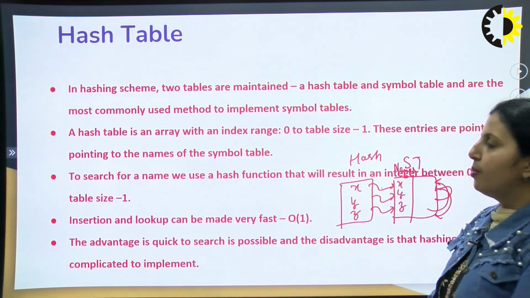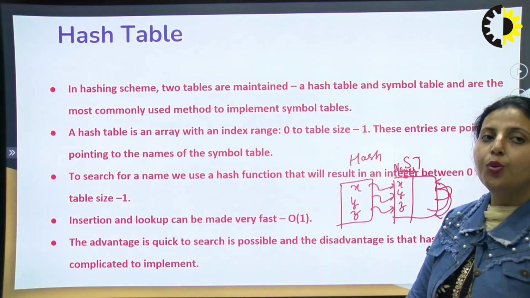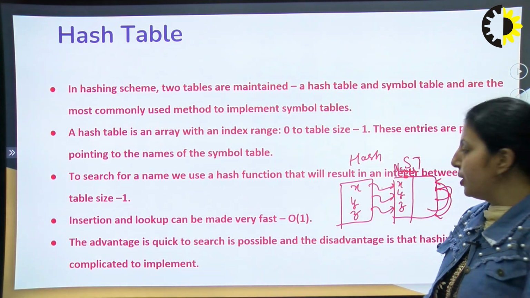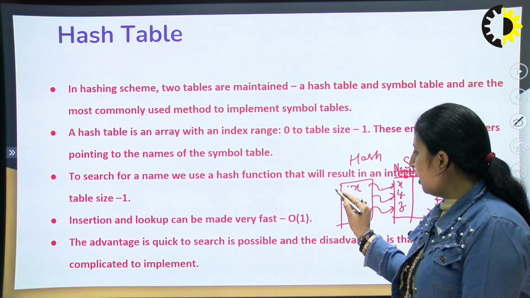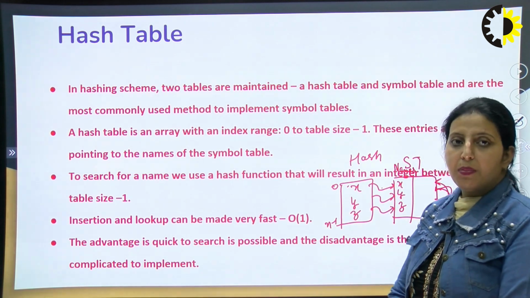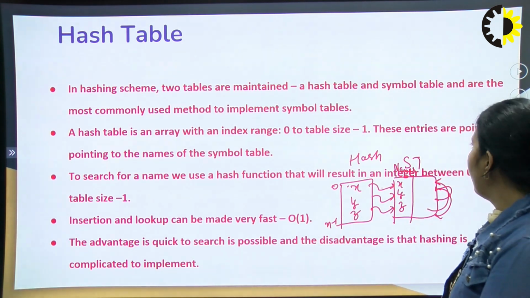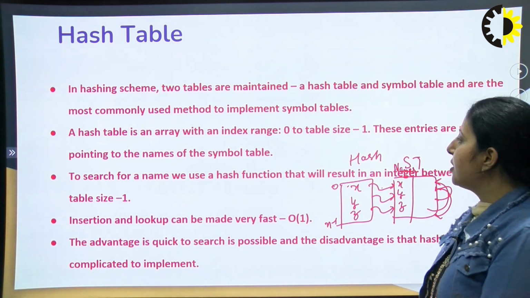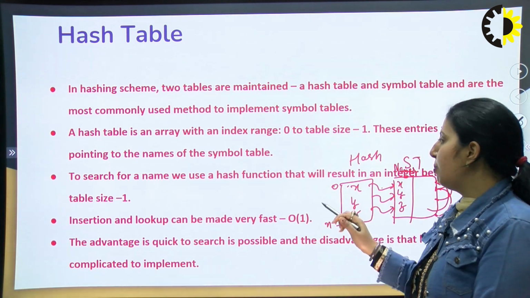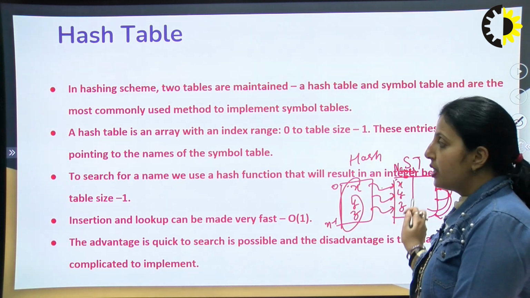There is a link between these internal attributes. A hash table is an array with an index range from 0 to table size minus 1. If this is a hash table, then it starts from 0 to n minus 1, where n is the size of the table. These entries are pointers pointing to the names in the symbol table.